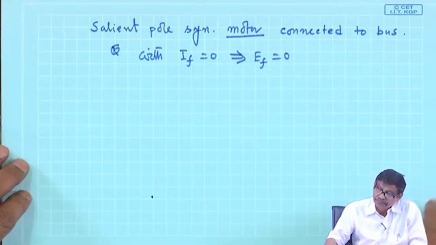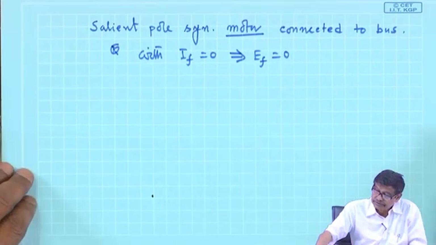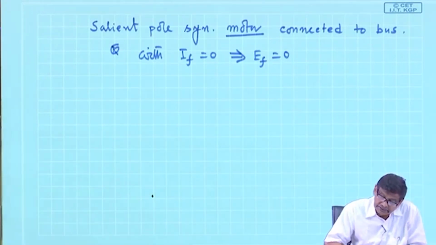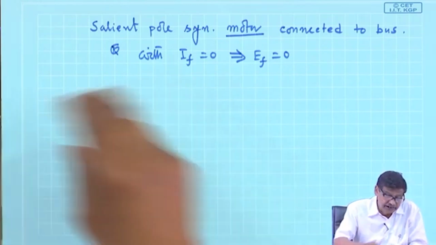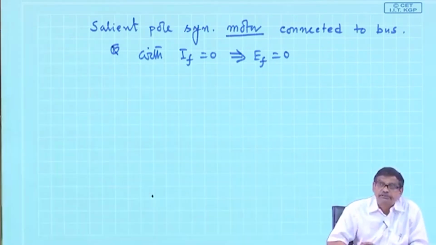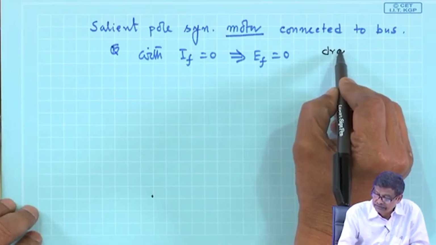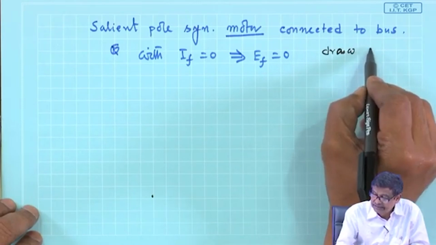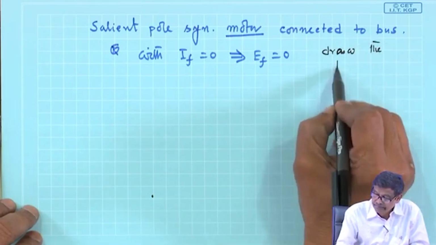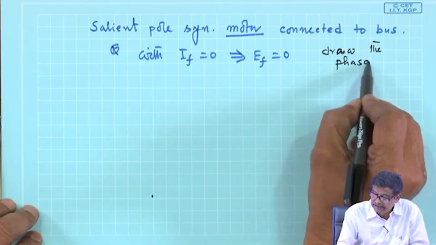So, this is the situation. Now, in this case, salient pole synchronous motor connected to bus with field current equal to 0, I have to draw the phasor diagram.